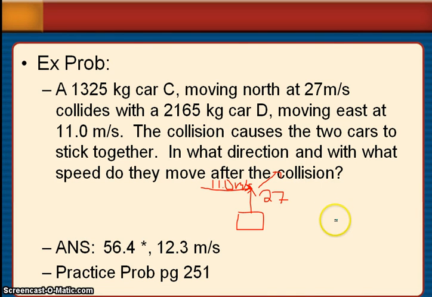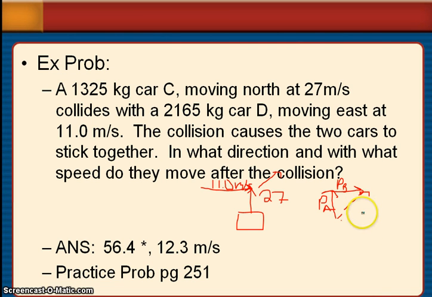Well, first of all, I have to change my arrows so that they're head to tail, or tip to tail, and then I can find this one right here. Now, first of all, I have to calculate the momentum of this car and the momentum of this car.